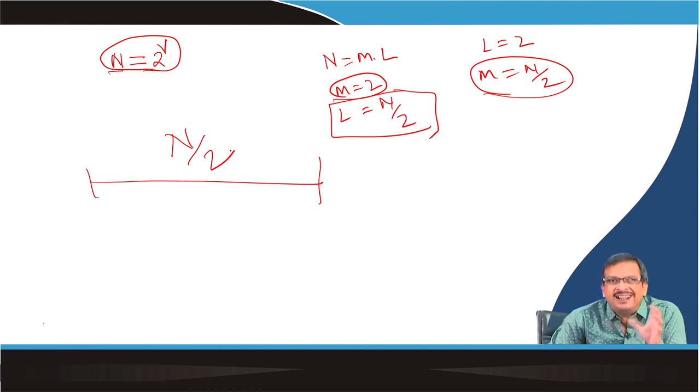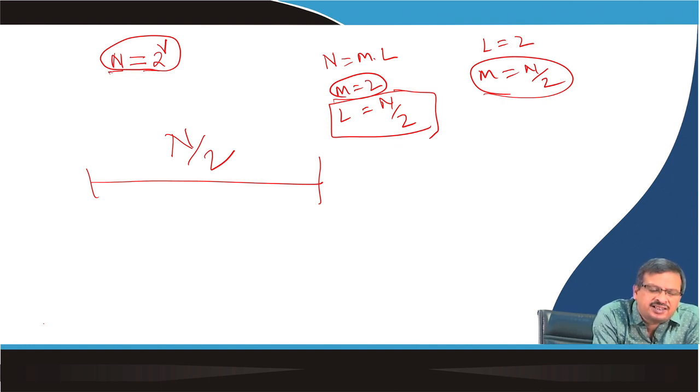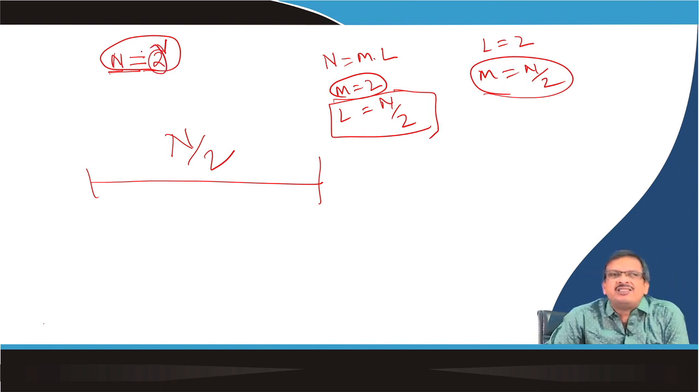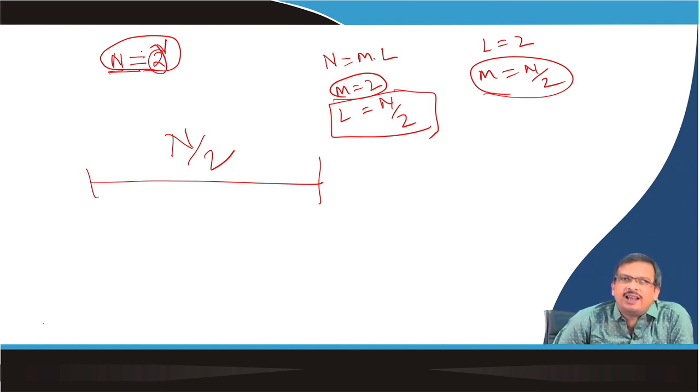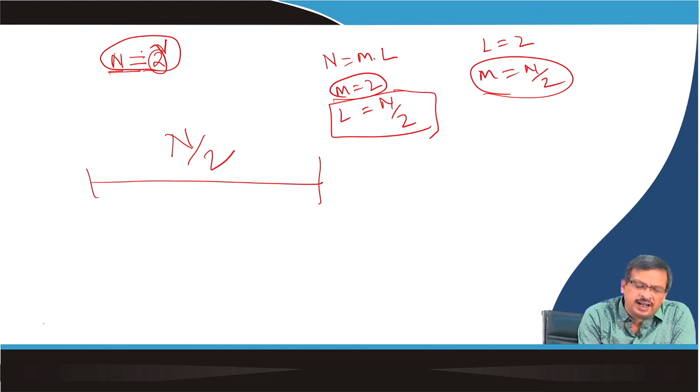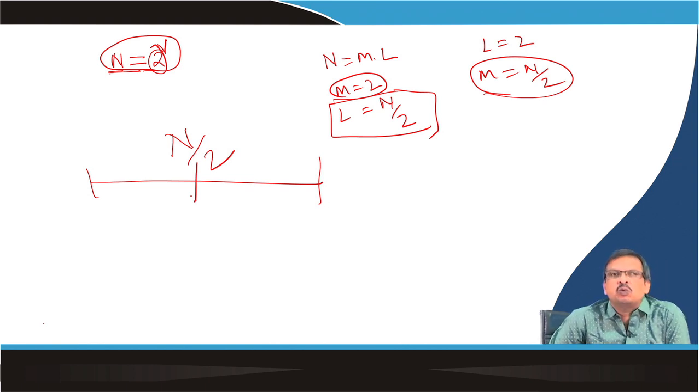Since I am dividing the sequence by 2 every time, or expressing n as 2 to the power v, that is why it is called the Radix-2 algorithm. So, every time the whole length of the signal will be divided by 2. Now, think about those who have already done the binary search algorithm.